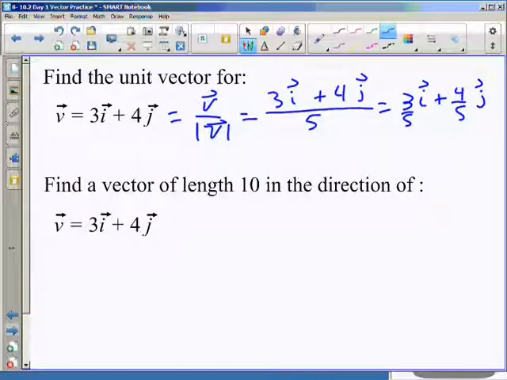That's the unit vector. To find a vector of length 10 in the direction of the original vector v, we would simply take our unit vector and multiply it by the scalar 10.